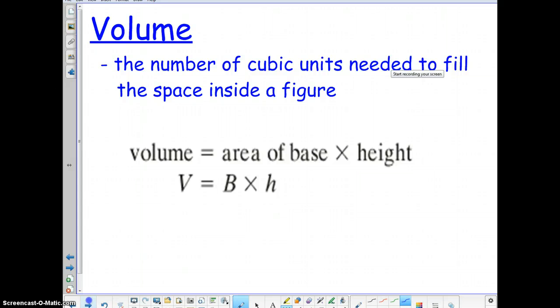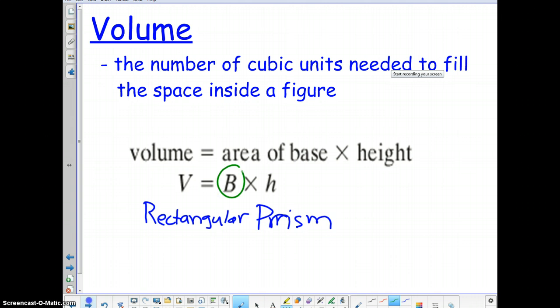Now, if it is a rectangular prism, the volume is actually rather simple. The volume for a rectangular prism, I'm going to write it right here. What we do is take the base and split that up into length and width.